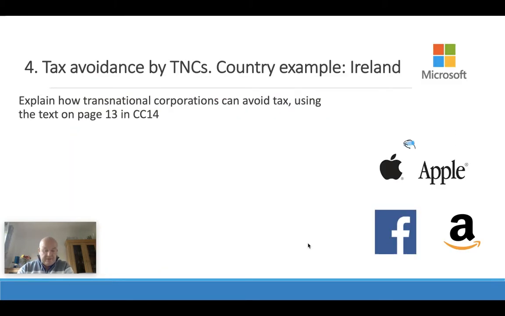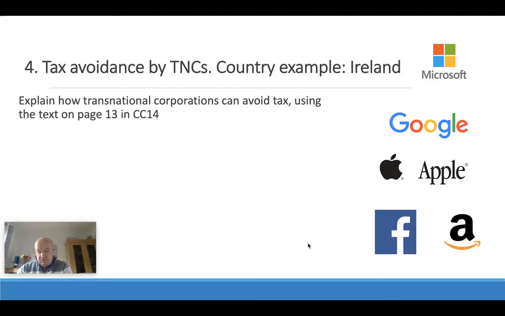So there are a number of articles, and certainly one of the things that's mentioned on a couple of occasions is Apple setting up in Ireland, and the fact that they avoided something to the tune of about 14 billion euros of tax by funneling profits through their Irish subsidiary, and it was very, very cleverly thought through.